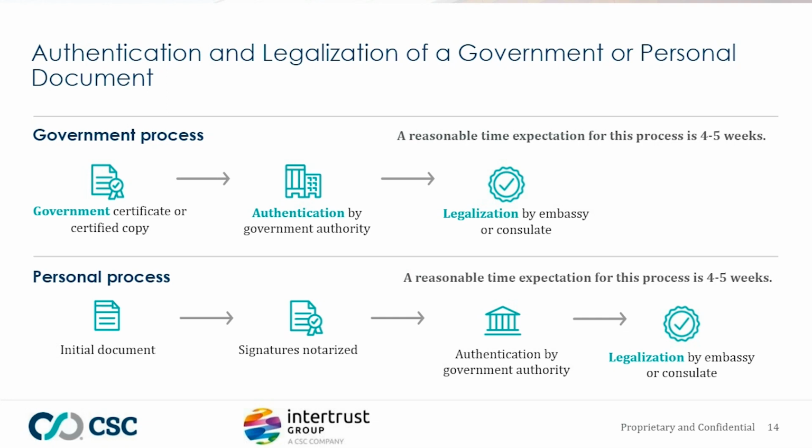For some, only an authorized employee can request issuance; for others, anyone can. Once the certified copy has been issued by an agency, it can be presented in the same format in which it was issued for authentication by the local government, and then legalization by an embassy or consulate of the receiving country.